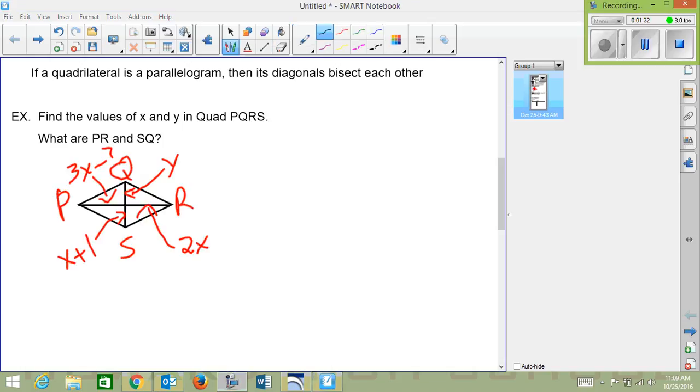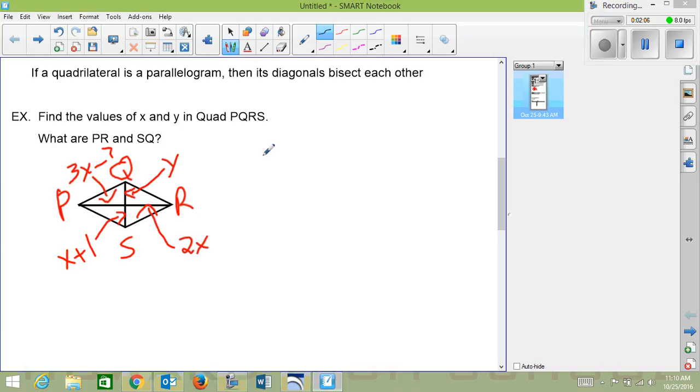All right, so here's the drawing to go with this question. Find the values of x and y in the quadrilateral PQRS, and then I want to know what are the lengths of PR and SQ. There's quite a bit of work I have to do here, but if this is a parallelogram, based on those theorems, this side has to equal this side because they bisect each other, and this side equals this side, again because they bisect each other.